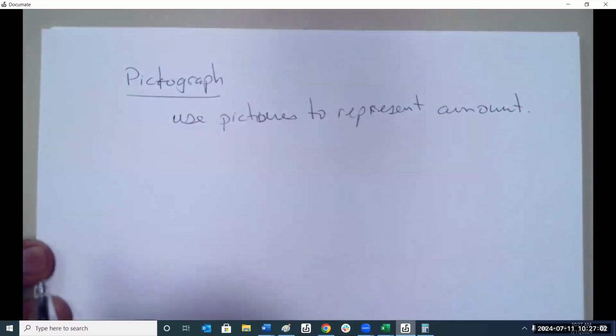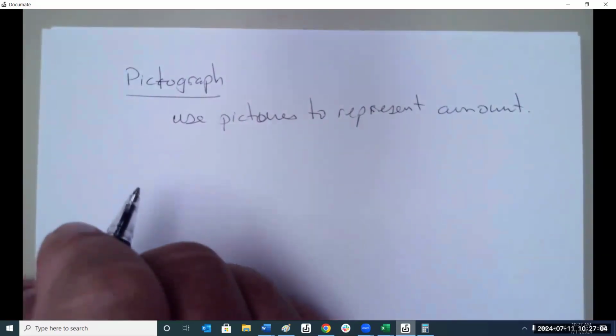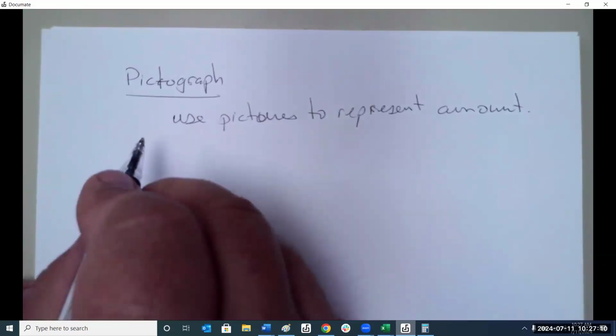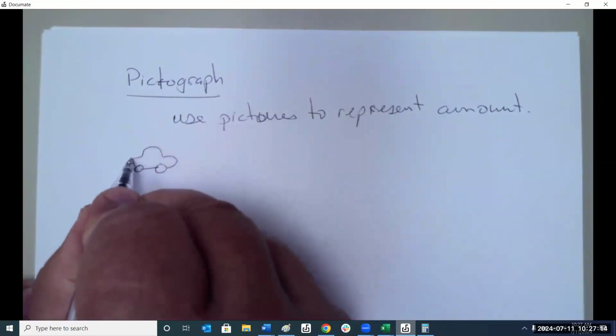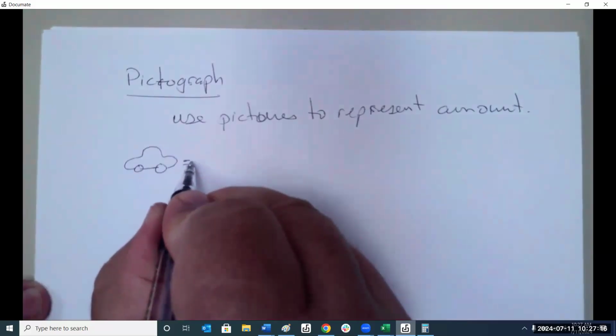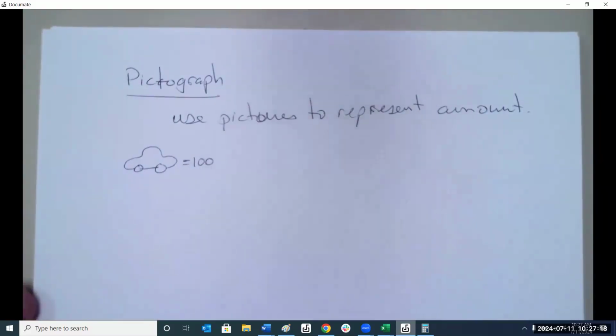One way of doing a pictograph is, let's say we're talking about what's easy to draw? Cars. Each car represents 100.